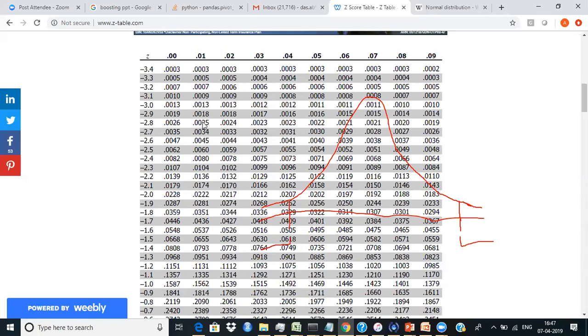I'm looking for 0.025. Minus 1.96. See, this is 9, 9.1, 9.2, 9.3, 9.4, 9.5, 9.6. So this is minus 1.96.